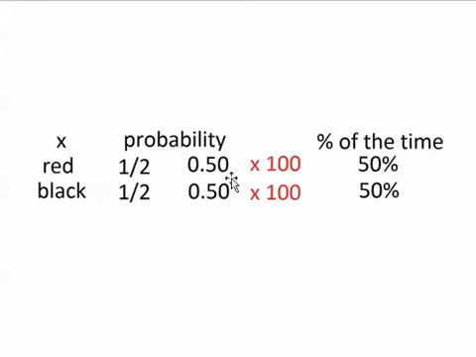And if you multiply the probabilities by 100, this equals 50, and this equals 50. So just like how heads happens 50% of the time and tails happens 50% of the time, if you keep drawing a card over and over again from a shuffled deck, red happens 50% of the time, and black happens 50% of the time over the long run.